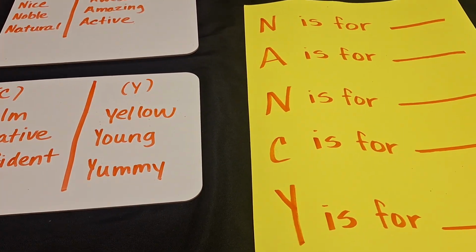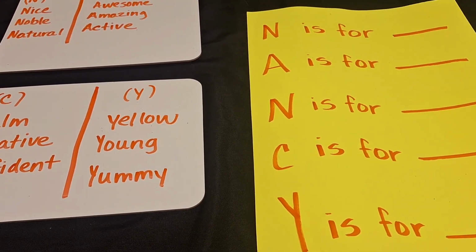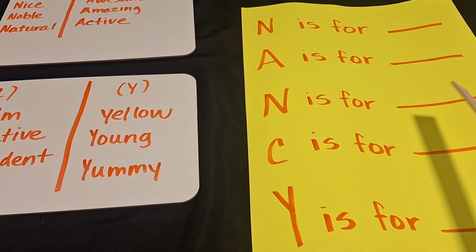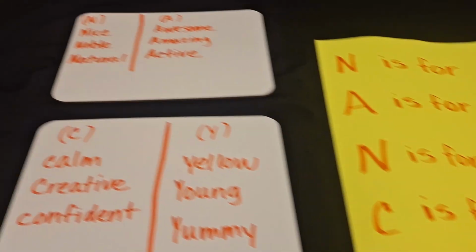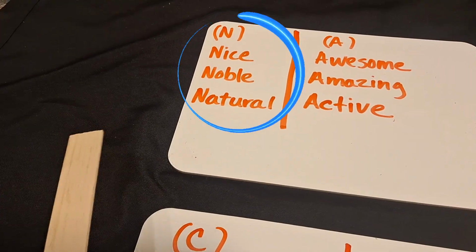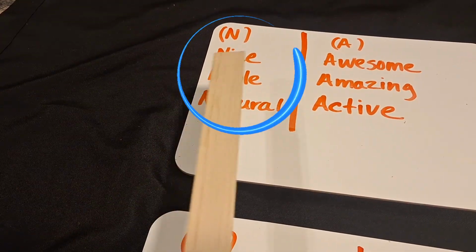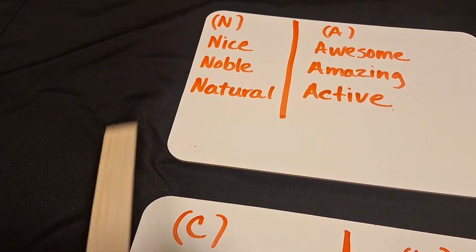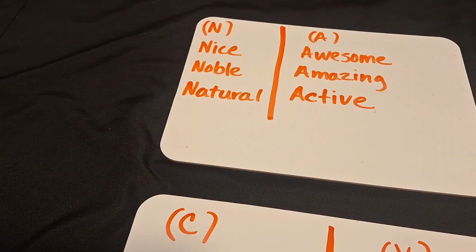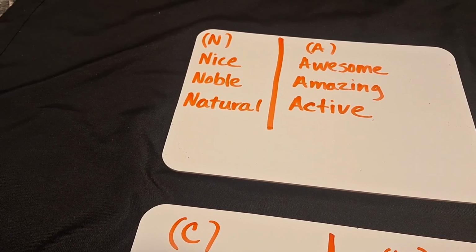Now, you have to think of a word that begins with an N to describe Miss Nancy, and I'm going to help you. So I have a list of N words here. N is for, so when you think of Miss Nancy, nice, noble, natural.